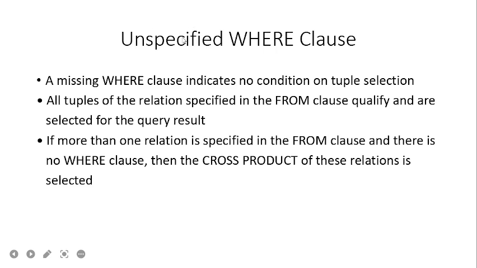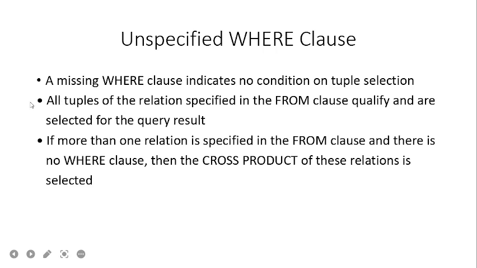And next we will see an unspecified where clause. That is, a missing where clause. The where clause is used to give conditions for selecting tuples from the table. So suppose we do not have a where clause, that indicates no condition on tuple selection.